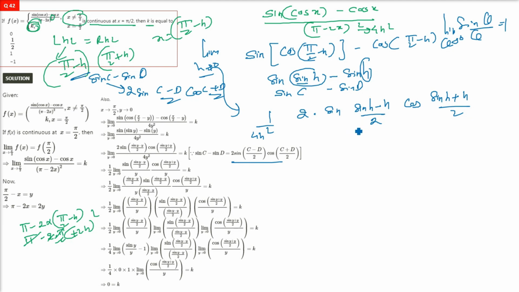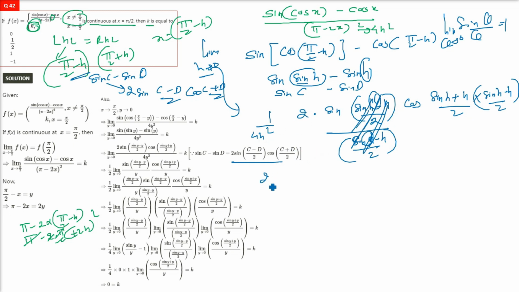Since you have introduced sin h minus h by 2 in the denominator, you have to have this in the numerator also. Now this is simply sin theta by theta, which is going to be 1, so I am just eliminating it. So 2 by 4h square is already there.